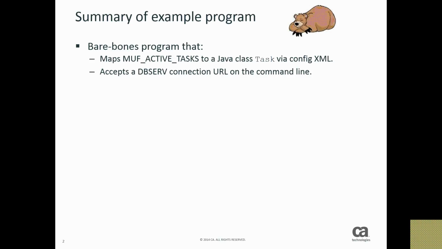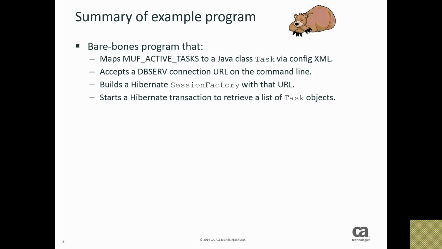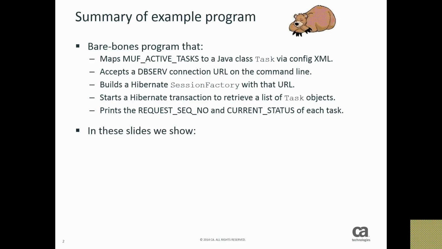Then the program will accept a DBServ connection URL as a command line argument. We'll use the Hibernate session factory to connect with the server specified by that URL and do a Hibernate transaction to retrieve MUF active task as a list of POJOs. Then for each task object in the list, we'll print the request sequence number and the current status.